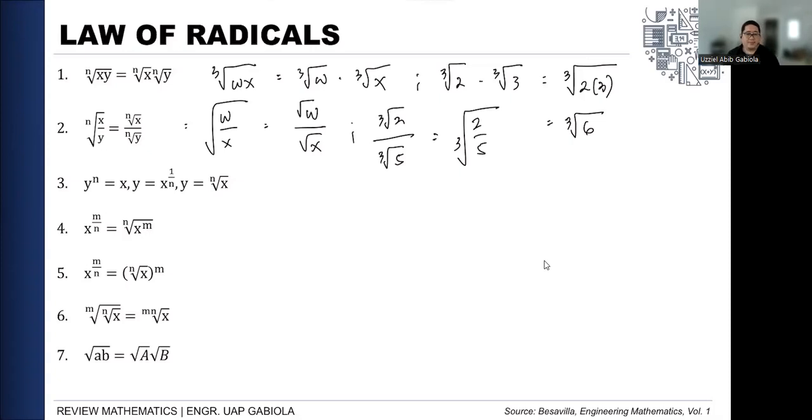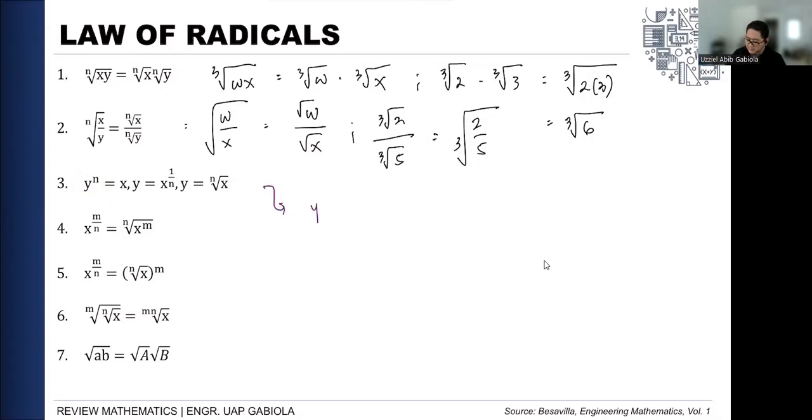Okay? Number 3 is, ito yung tatawag natin relationship ng exponent sa radicals. So when we see a variable raised to a certain exponent, pwede mo daw ilipat yung exponent niya doon sa kabila. Di ba typical na ginagawa natin?